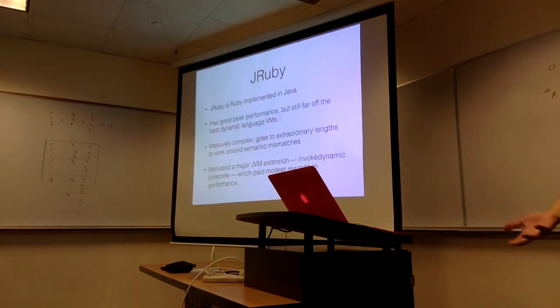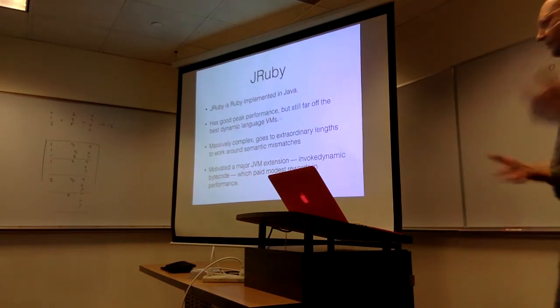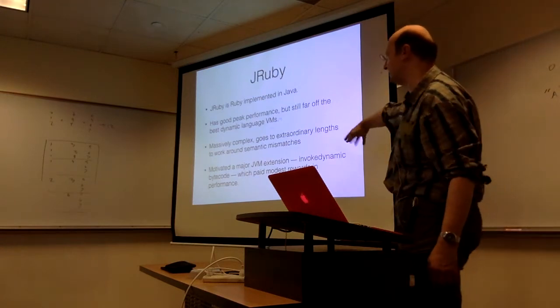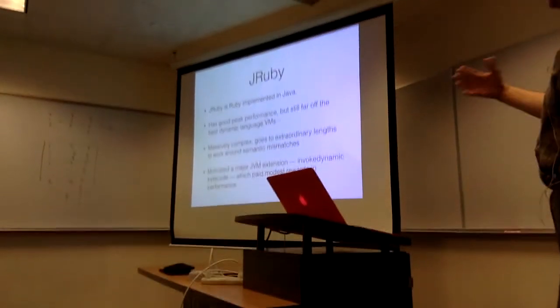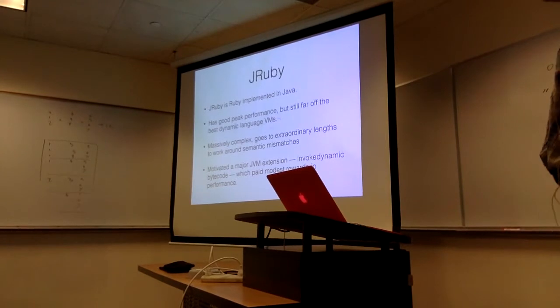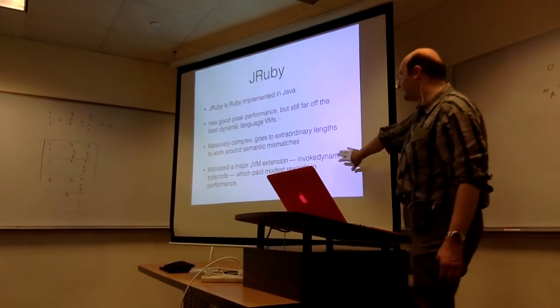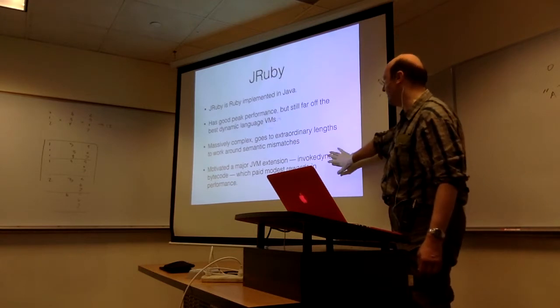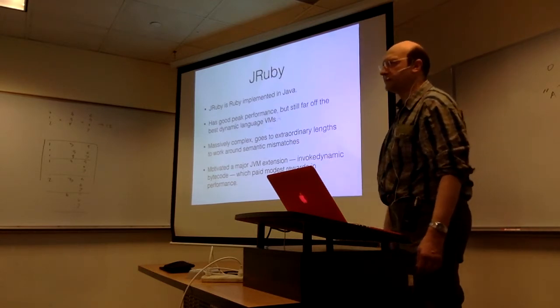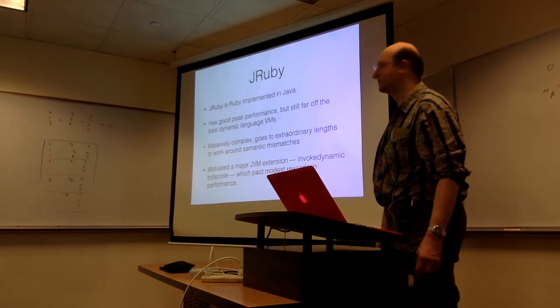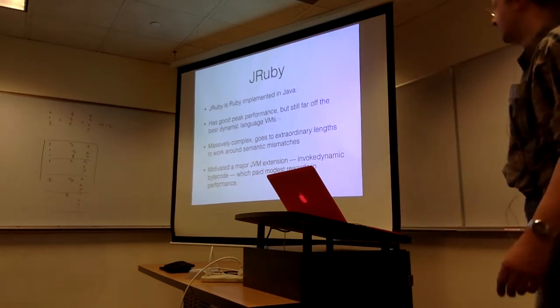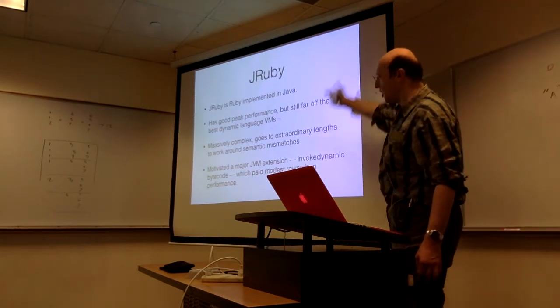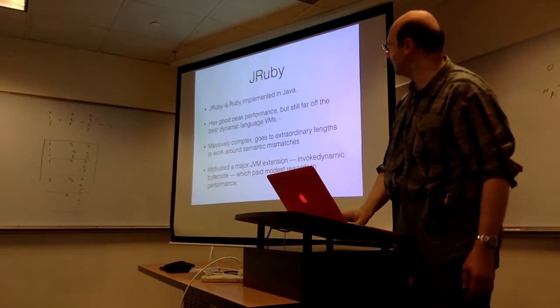You can't do that at the Java level, so it's not for Java, although it's been reused in the Lambda stuff. But it's really there for dynamic languages. And so, you know, a lot of effort was put into specifying this and developing it and putting it in the JVM. And the speed up was very modest, like, you know, 2x at best. Maybe less than that, I think. So it's still a long way off where you'd really like it to be.